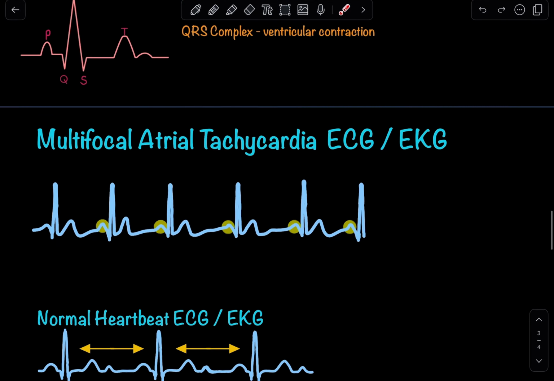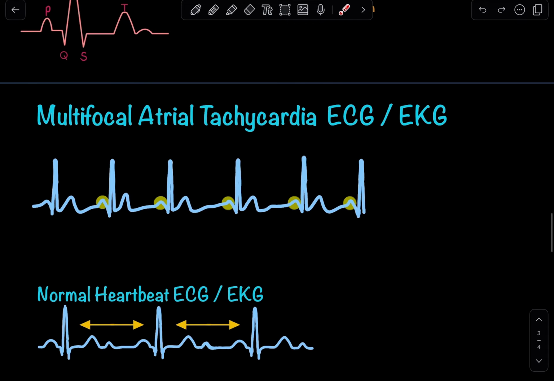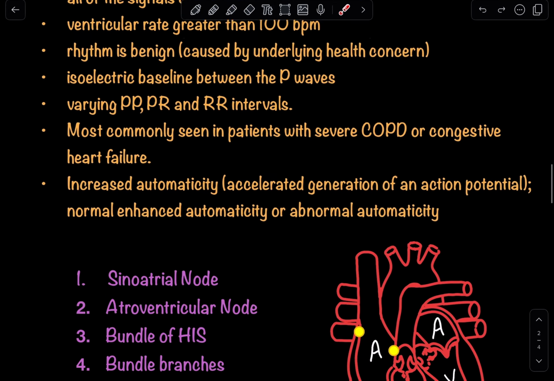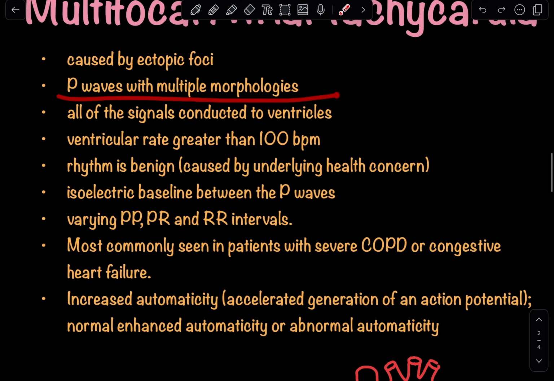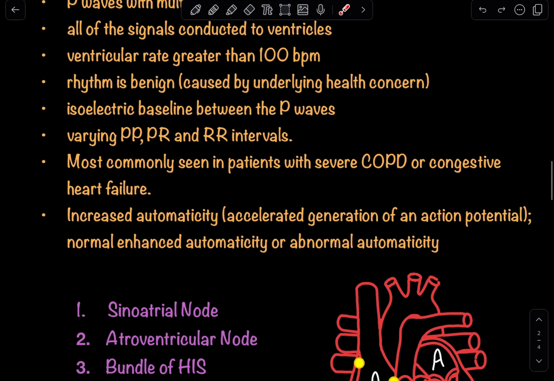Now going back and looking at our ECG, we can see that this is representative of MAT, multifocal atrial tachycardia. And the first thing that we went over is that it has P waves with multiple morphologies. Why is that the case?